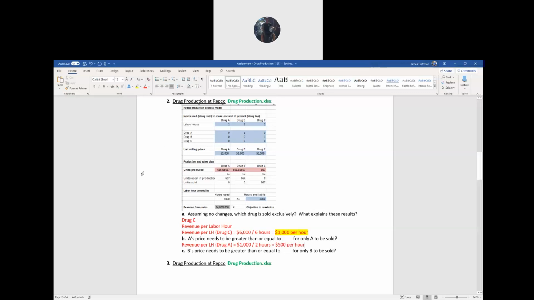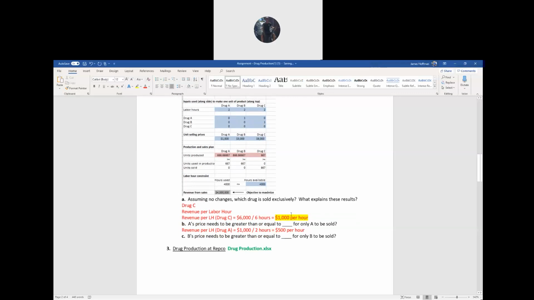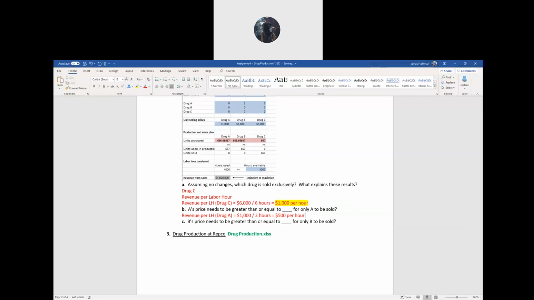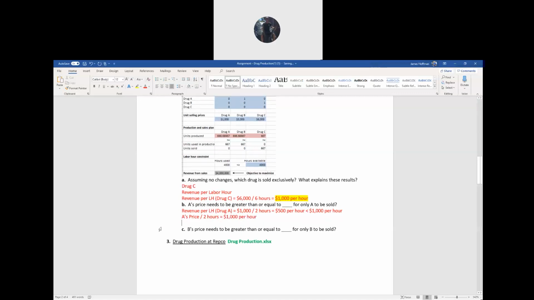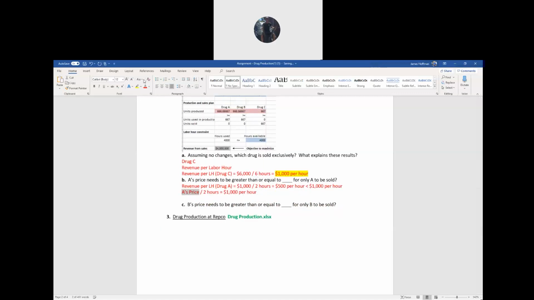Okay, and that only gives us $500 per hour, which is clearly less than the 1,000 for drug C. Okay, so what does A's price have to be? What divided by 2 gives us 1,000, and obviously that is 2,000.